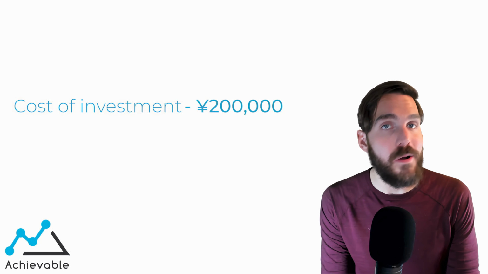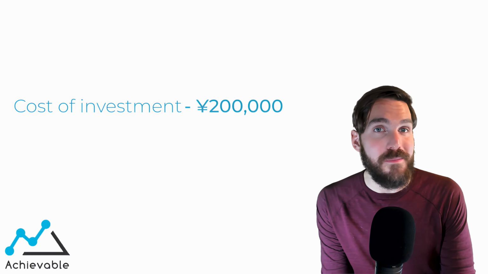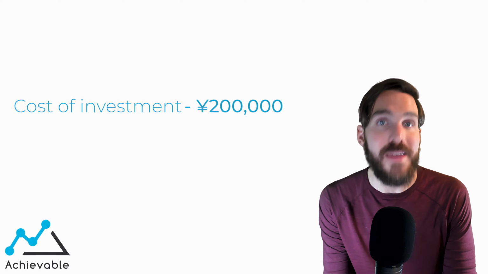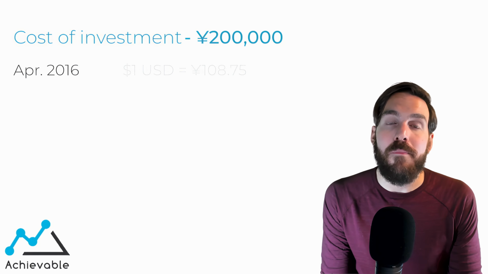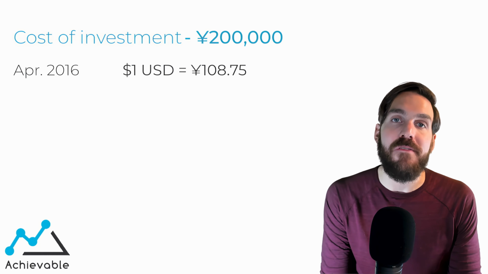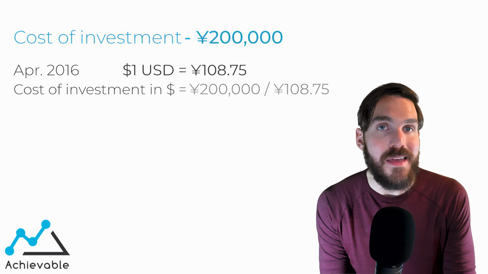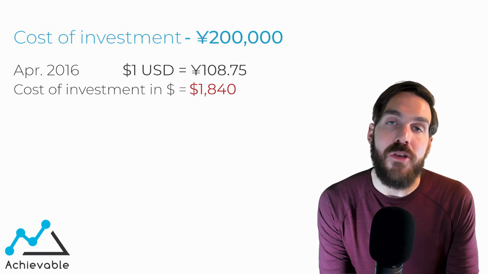Now, real quick word of caution, the exchange rate for yen is going to look completely different, mainly because one US dollar will usually buy somewhere around 100 yen. And as of April 2016, one US dollar bought 108.75 yen. At that point in time, a 200,000 yen investment cost $1,840 in US dollars.